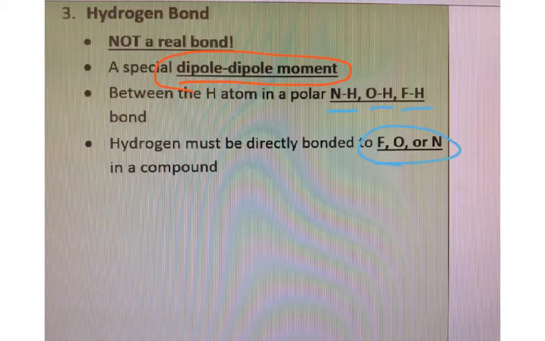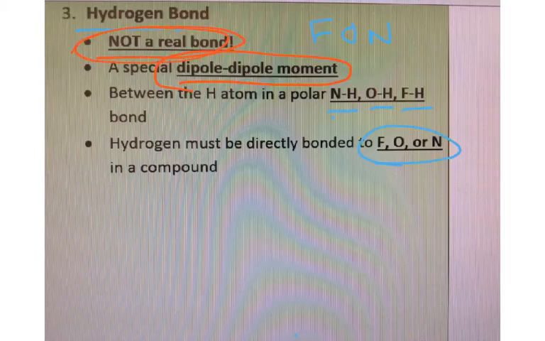So hydrogen bonds are a hydrogen that is directly connected to your FON elements. FON, so fluorine, oxygen, and nitrogen. So if you have a hydrogen that's connected to any of those, you are going to have a hydrogen bond. Now note, as I said in the notes, this is not a real bond.